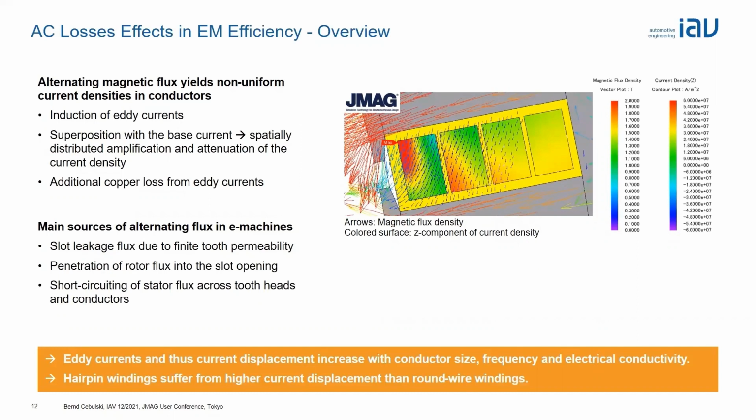The eddy currents and the so-called current displacement increase with conductor size, with frequency, and also with the electrical conductivity. So to use a worse electric material is good for AC losses. Of course, that's bad for DC losses, so you have to find a compromise here.